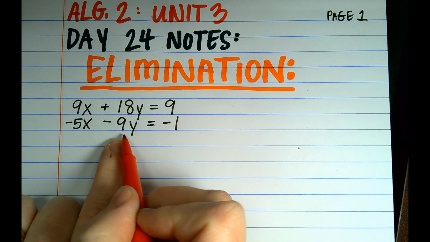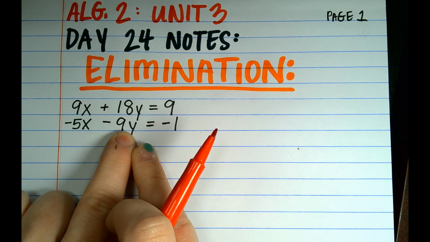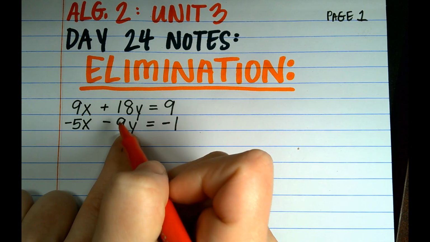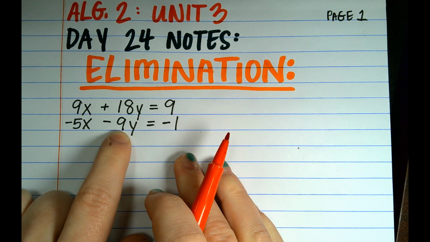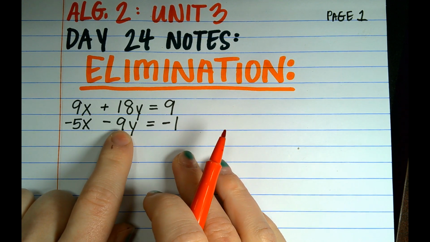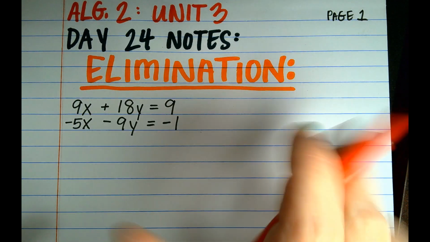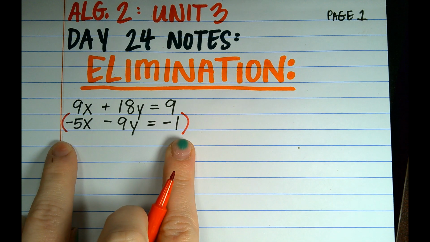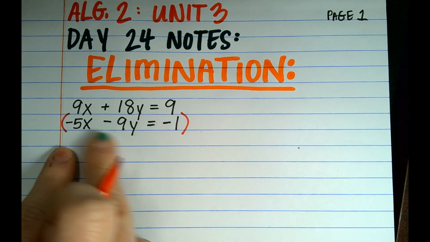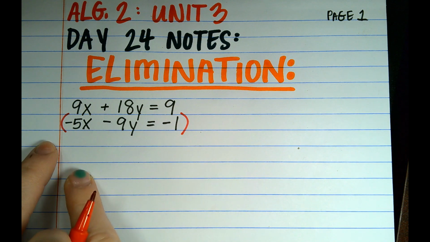So my first thought when I'm looking at this is, well, whenever I see the y's, 9 and 18 are similar, because if I took 9 times 2, I would get 18. So something that I think is crazy and it feels unnatural at first is I can take my entire equation here and I can multiply the whole thing.